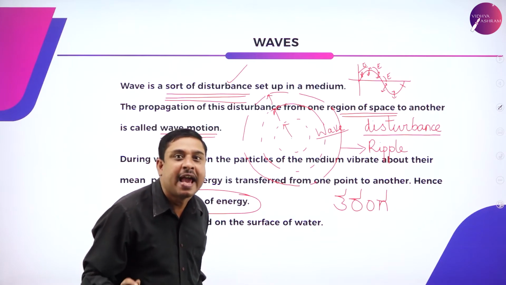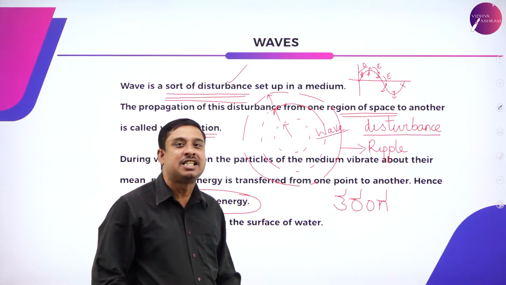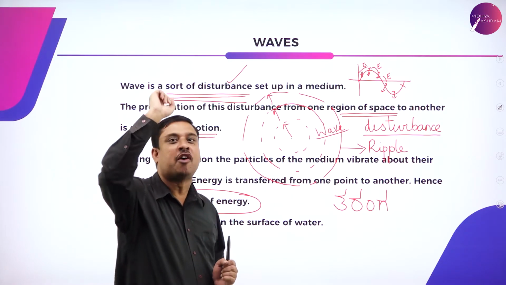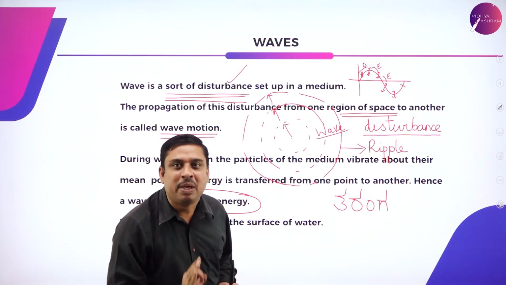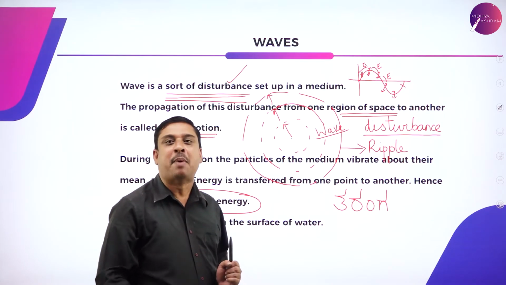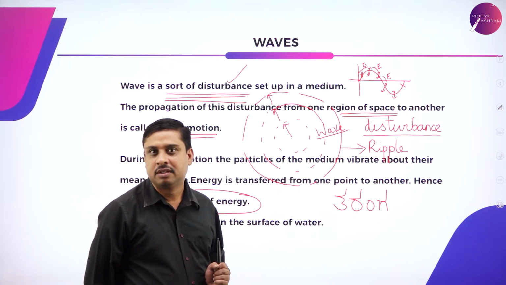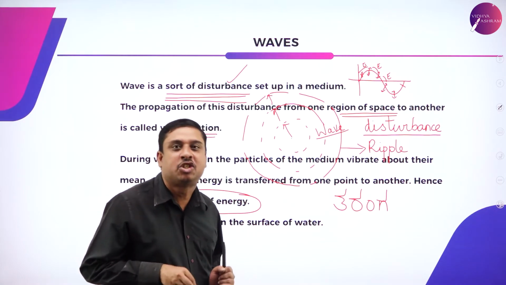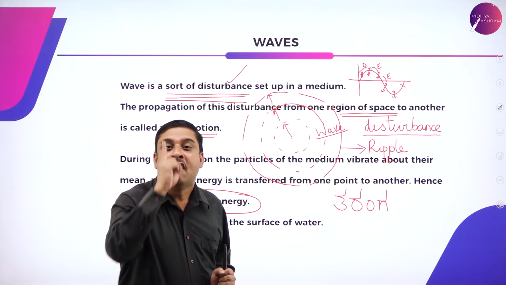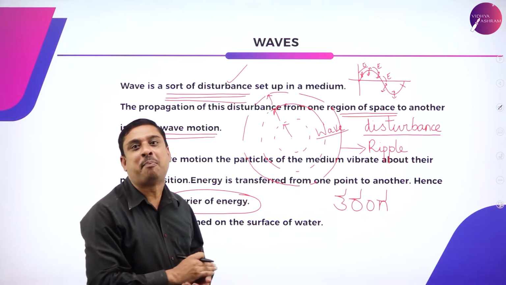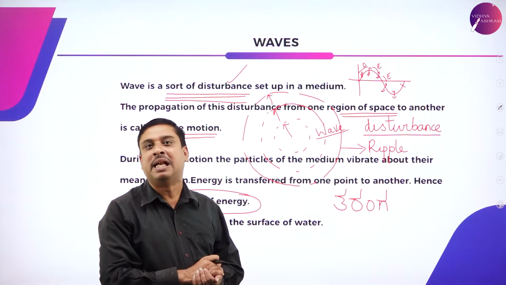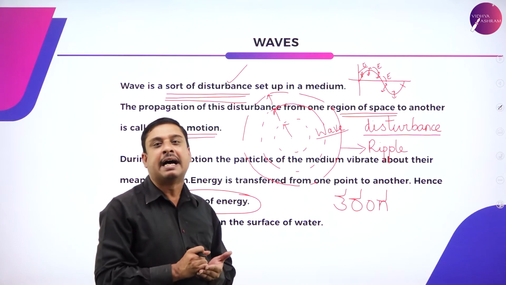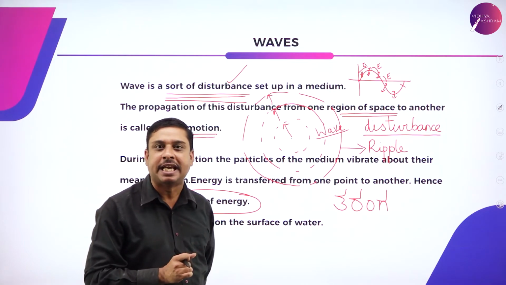Why do you call wave a carrier of energy? During wave motion, the particles of the medium simply vibrate about their mean position, and thereby they are transferring energy from one region to another. Physical motion of the particles is not possible here, and therefore we say a wave is a carrier of energy.